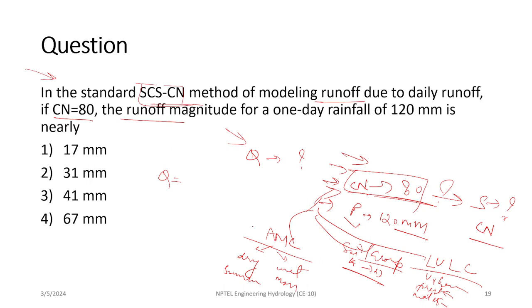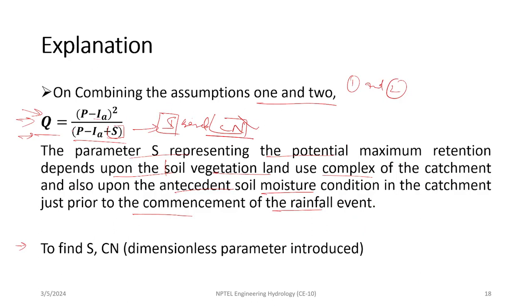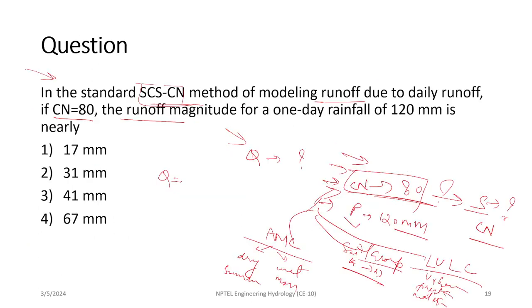So one thing is clear: if we have CN, then definitely S can be computed. You can see in the previous formula, Q can be found as P minus IA to the whole square, divided by P minus IA plus S. So now you can compute S directly using the CN value.